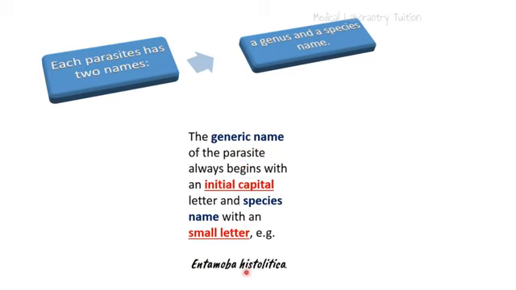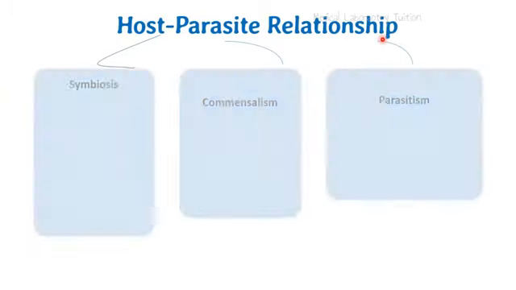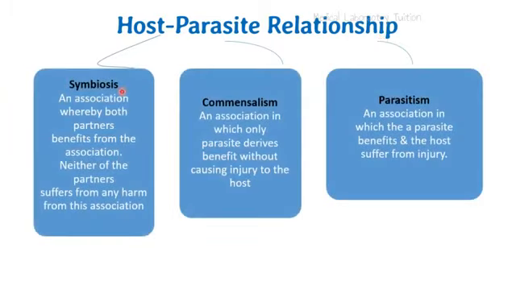Now we have the host parasite relationship, and in this we have three common things. Symbiosis, in which both partners get benefit from each other, okay, neither partner is getting harmed. Another is commensalism, in which the parasite gets benefit without causing injury to the host cell, okay.